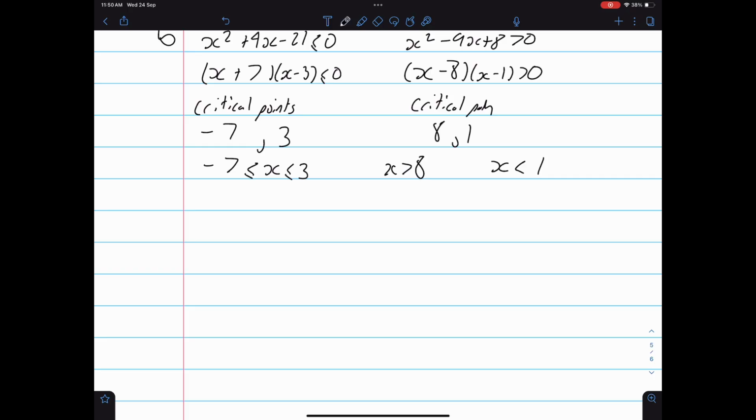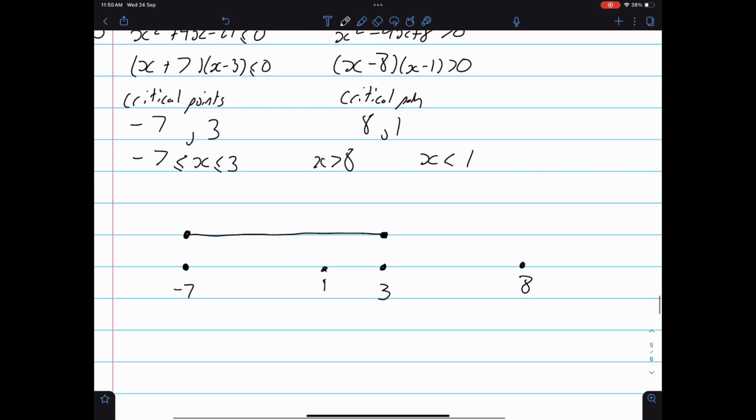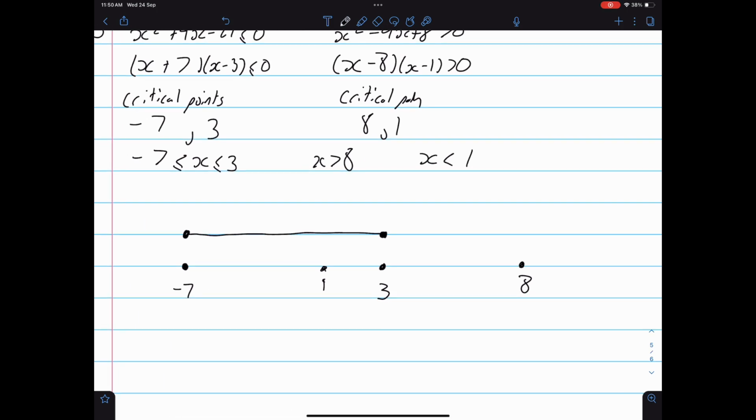So on a number line, let's show this. Minus 7, 3, 8, 1. And we can see that one of the inequalities will look like this. Then that 8 will be like that.